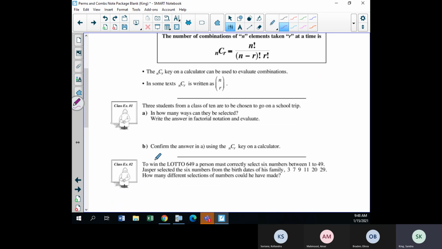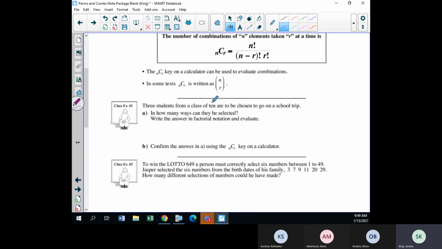Let's do class example 1 and 2. So class example 1 says 3 students from a class of 10. I've got 10 of you in my class, and 3 of you get to be chosen to go on a trip.